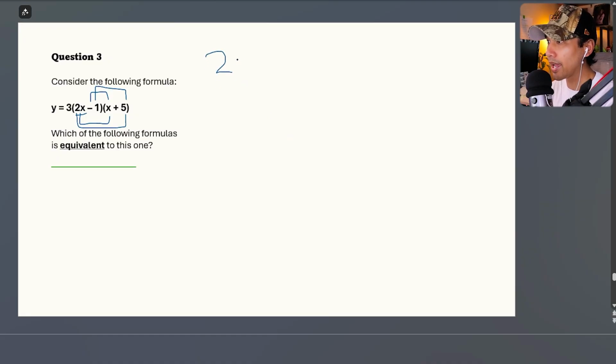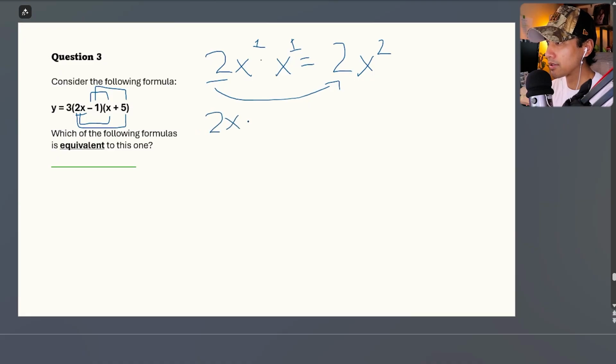Okay, for the sake of this video and to help you out, we're just going to write it all down together. So 2x times x equals, what does that equal? 2x squared. We just tag along this 2, multiply the x's together, and remember when you multiply exponents, you add them together. So it's x^1 plus x^1 equals that x^2. And we tag along the 2, and that's how we get 2x squared. Okay? What is 2x times 5?